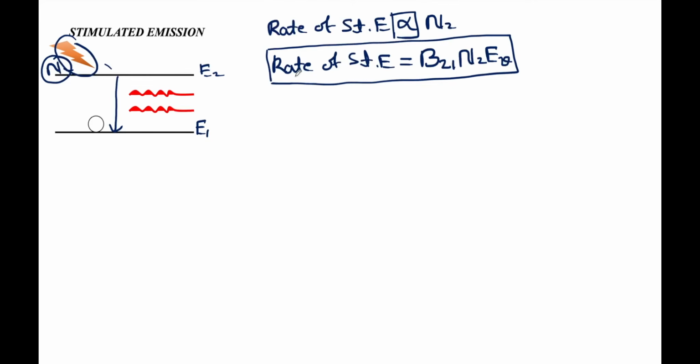Now let us consider one important condition. Here we need to maintain thermal equilibrium. In the thermal equilibrium condition, we are not providing any kind of energy except room temperature, and that too at constant temperature.